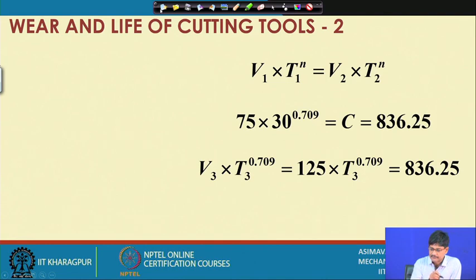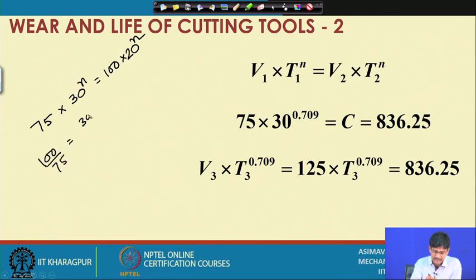Let us put in the values actually. 75 into 30 to the power n is equal to 100 into 20 to the power n, which means we can write 100 by 75 is equal to 30 by 20 to the power n, which means 3 by 2 to the power n, and this is 4 by 3.